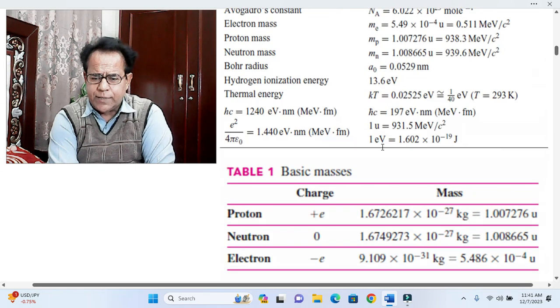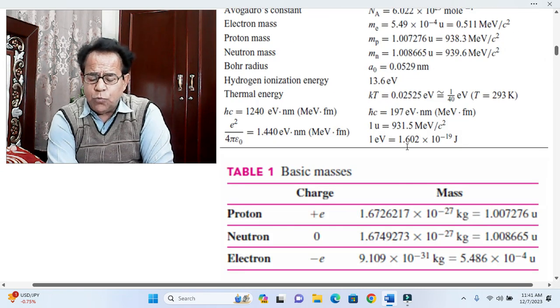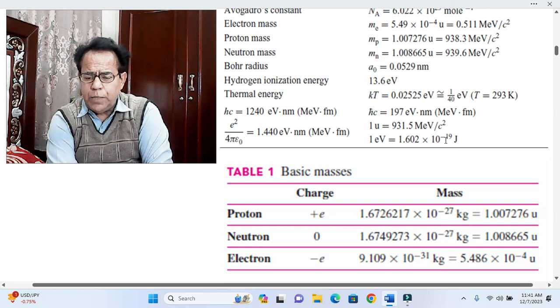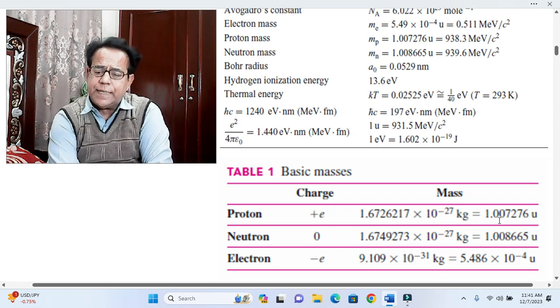Dear students, 1 electron volt is equal to 1.602 into 10 raised to the power minus 19 joule. So 1 joule will be equal to 1 divided by this, multiplied by 10 raised to the power plus 19.